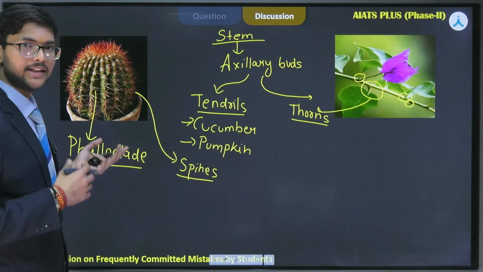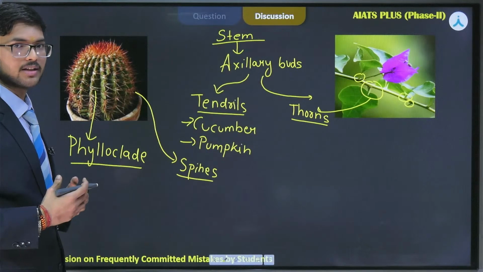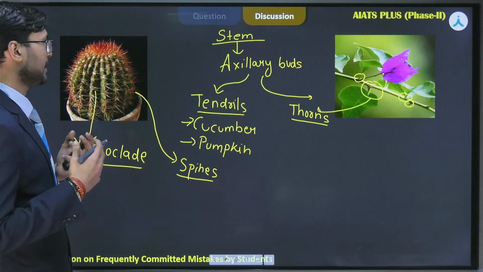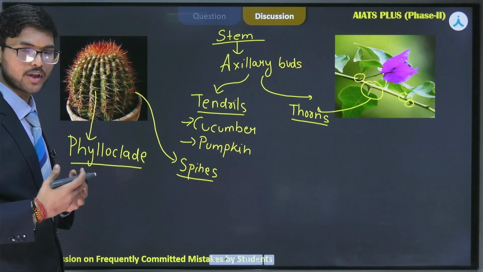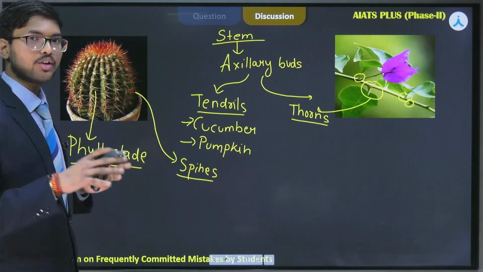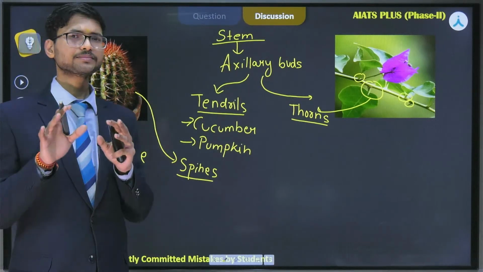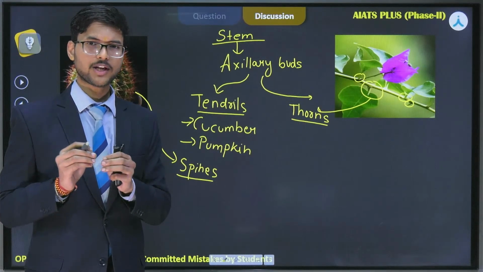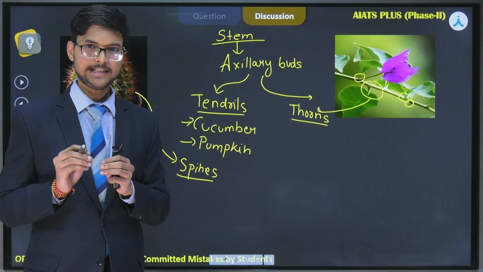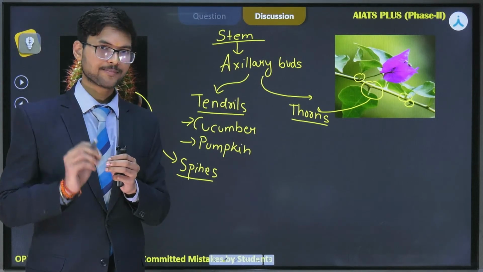As you know, in xerophytic conditions or in very dry and hot temperature, the leaves will be a hindrance for the plant because the transpiration rate will be very much higher. So to decrease the transpiration rate, the plants modify their leaves into sharp pointy structures so that the surface area of the leaves decreases and the transpiration of water also decreases. Okay.